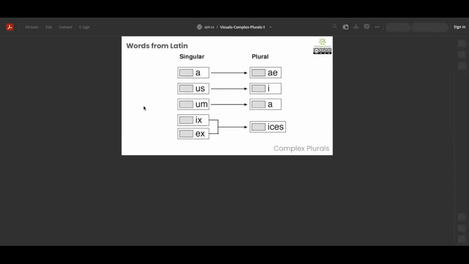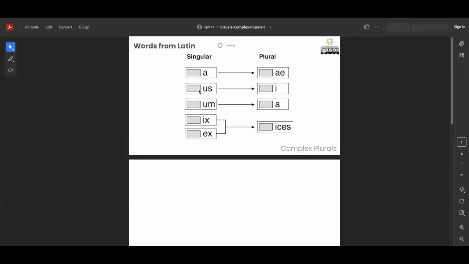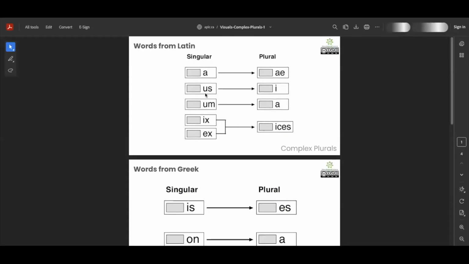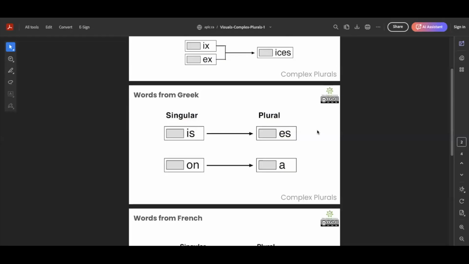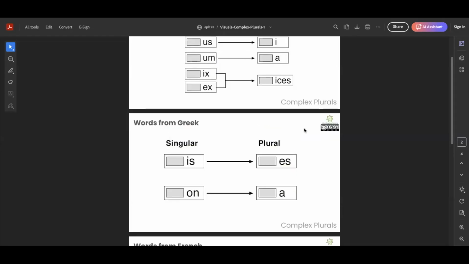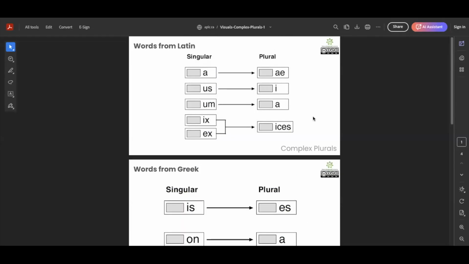So if it comes from Latin, we would normally convert it to an I, like cactus becomes cacti. But this is one of those interesting words, just like octopus, that was falsely assumed to be of Latin origin, or falsely Latinized, I guess is how you say it.